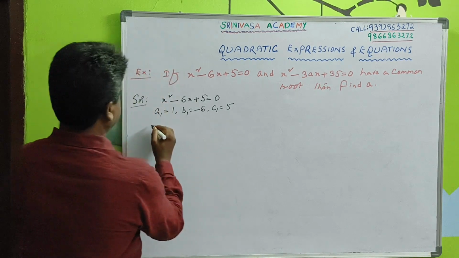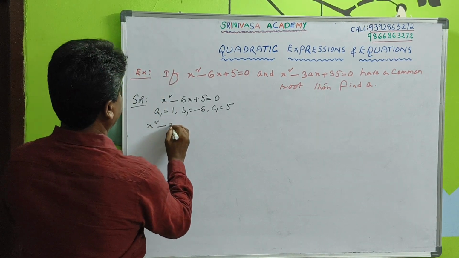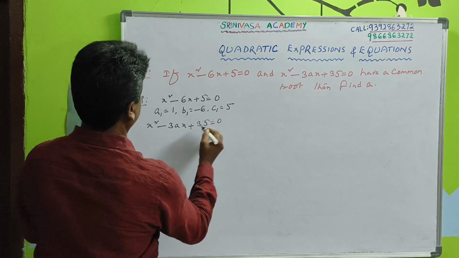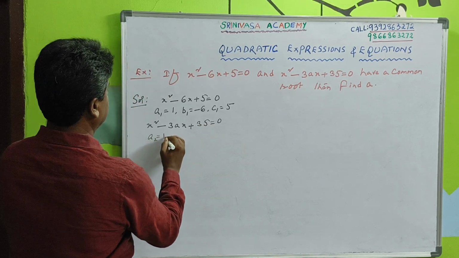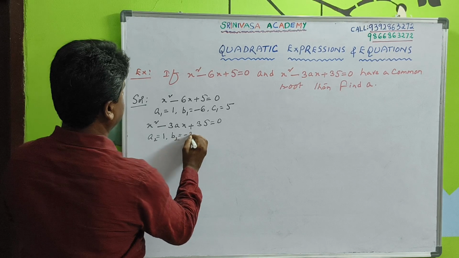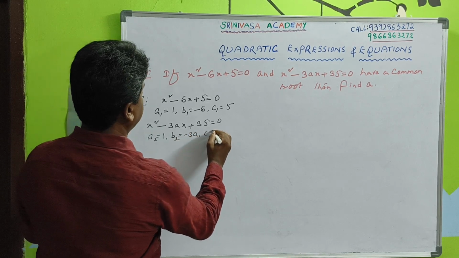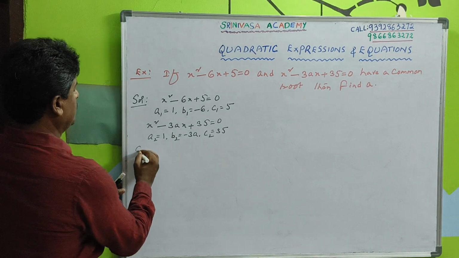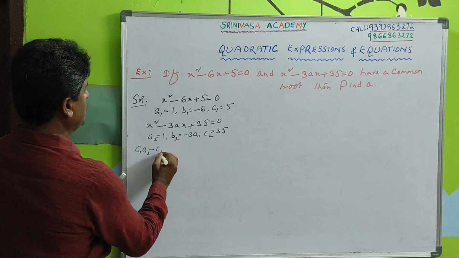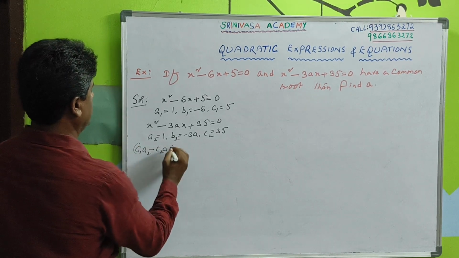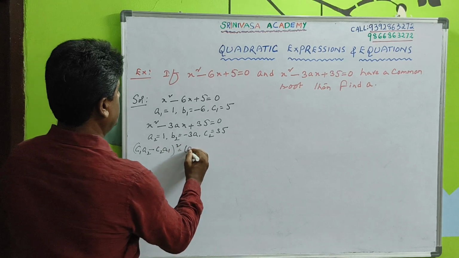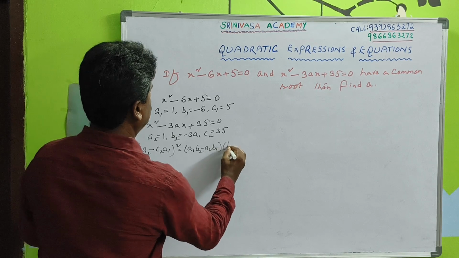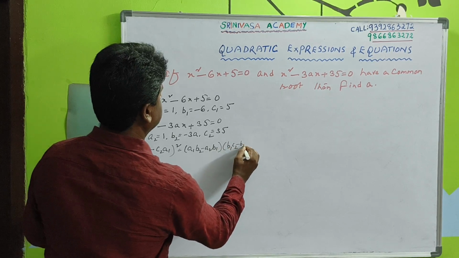Next, x square minus 3ax plus 35 is equals to 0. a2 is equals to 1, b2 is equals to minus 3a, c2 is equals to 35. Okay, common root condition c1 a2 minus c2 a1 whole square is equals to a1 b2 minus a2 b1 into b1 c2 minus b2 c1.